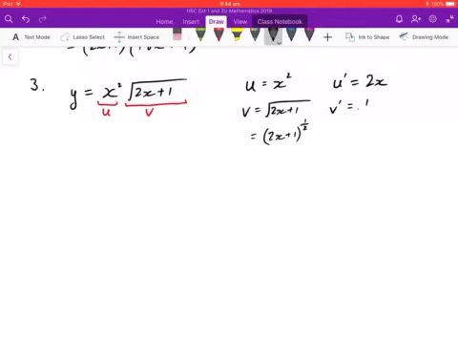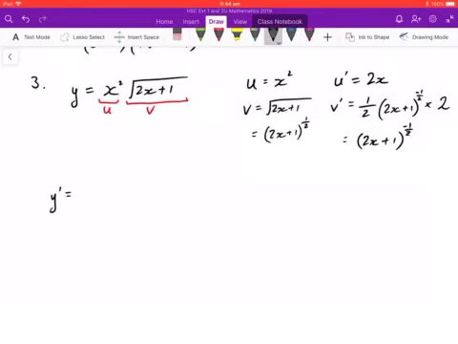So v dash is equal to, bring a half down, (2x plus 1) to the power of, we'll reduce the power by 1, so it's negative a half, times the derivative of the inside of the brackets, which is 2. Now the 2 and the half, 2 times a half, they just go to 1, so I'm just left with (2x plus 1) to the power of negative a half. Now for the moment, I'm just going to leave it like that.